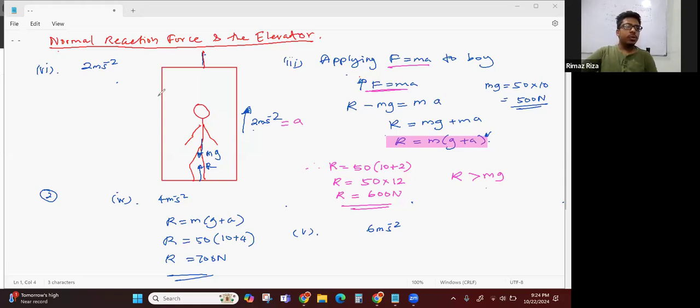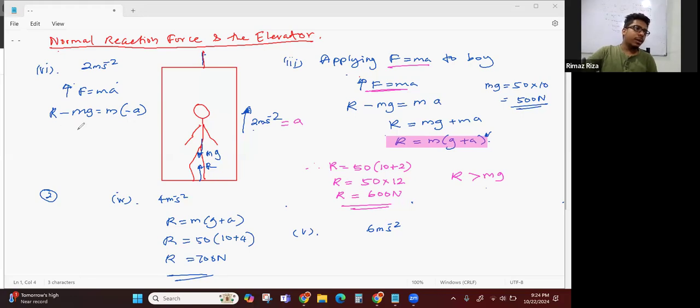Okay, so deceleration means negative acceleration. So then I can apply F equals ma vertically upward. R will be the upward force minus the weight downward equals mass times acceleration. Here it is a deceleration, so therefore minus a. Negative acceleration is the deceleration, right?